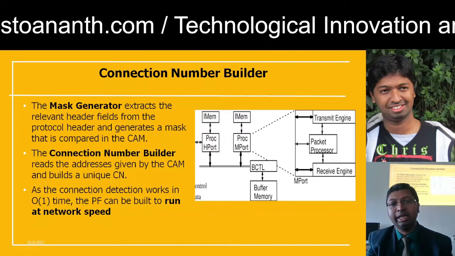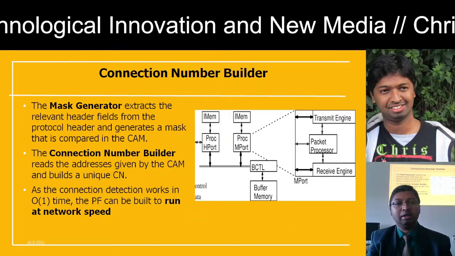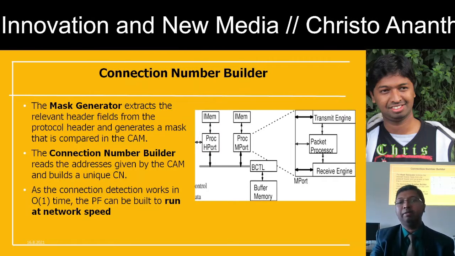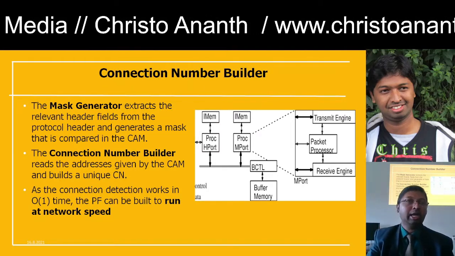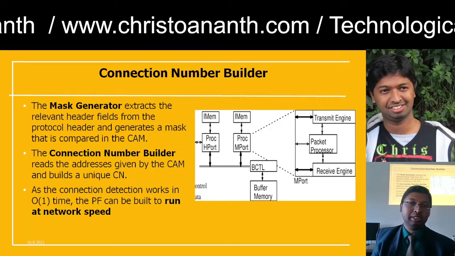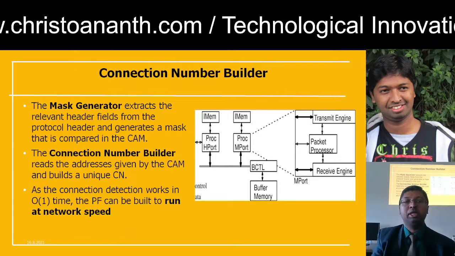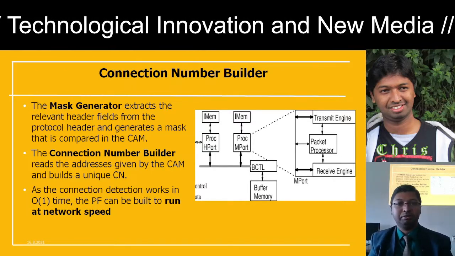Then you have CNB, connection number builder. This connection number builder will be having the address which is generated from this CAM, content addressable memory, and it will be building a very peculiar connection number. As the connection detection works in the order of one time, the protocol filter will be running at the higher network speed.